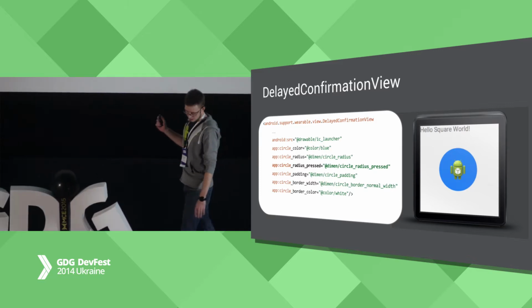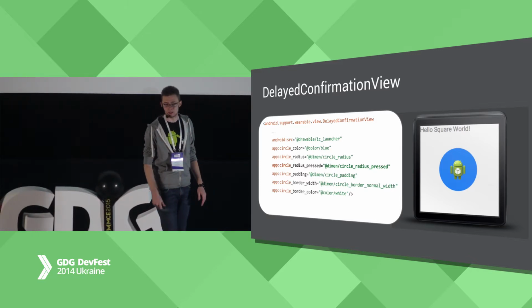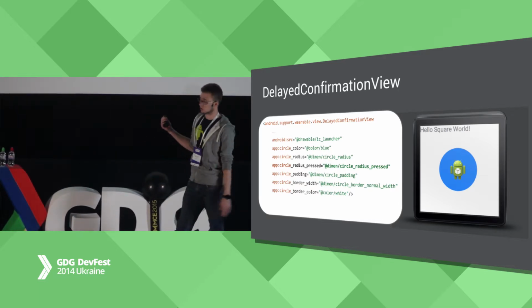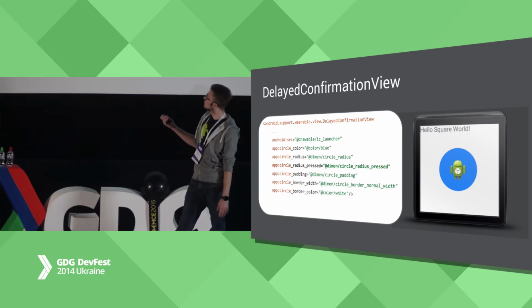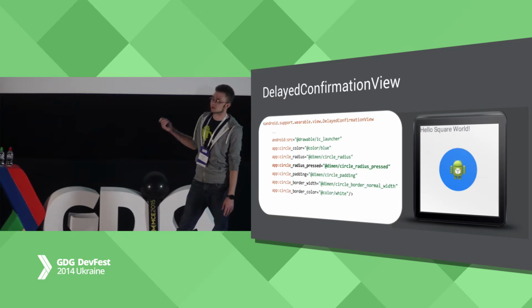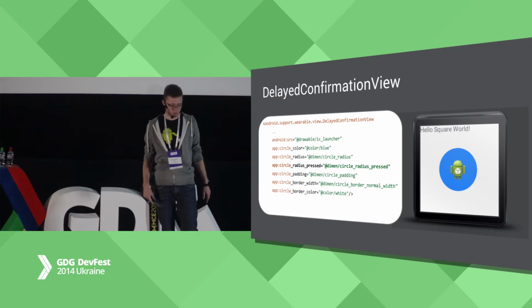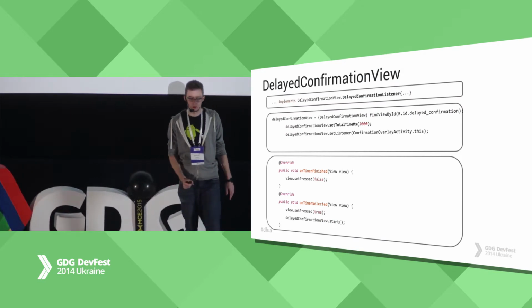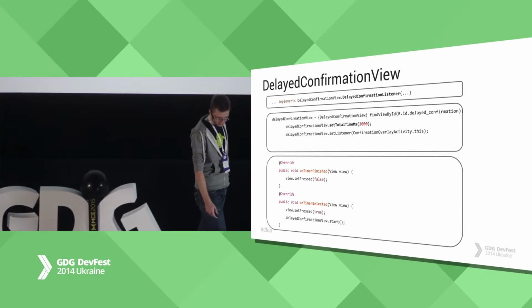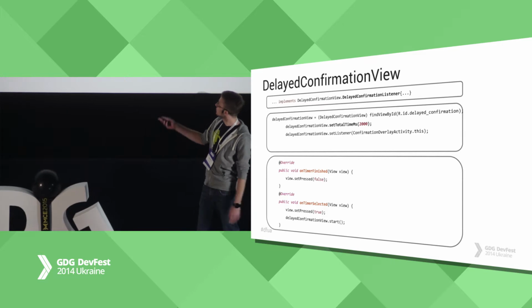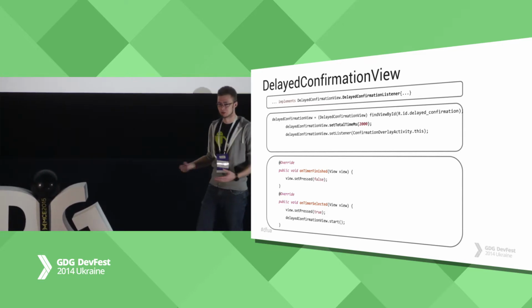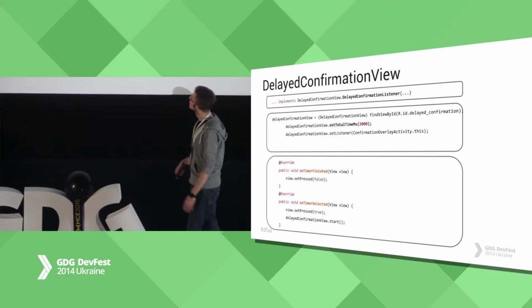Okay. It will look like that in the XML view. So it looks like the circle image view, but we just add the radius pressed, so it will react to the press of the user. Also, we should implement some code. Basically, just to simplify things, on the top you will see the time that we can give to the user to cancel our action.